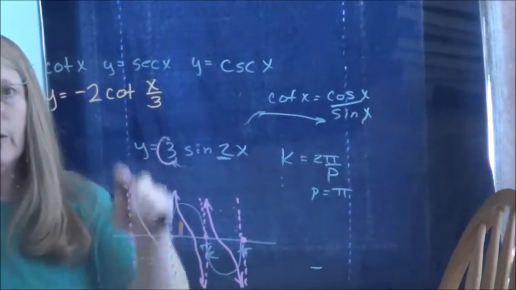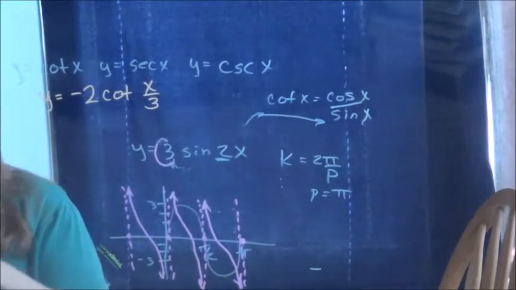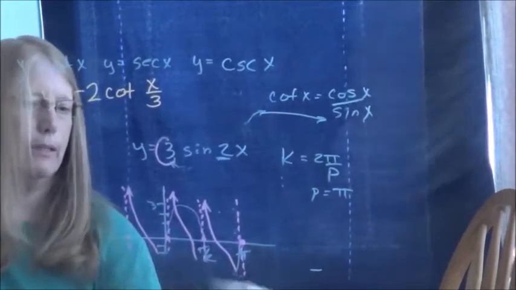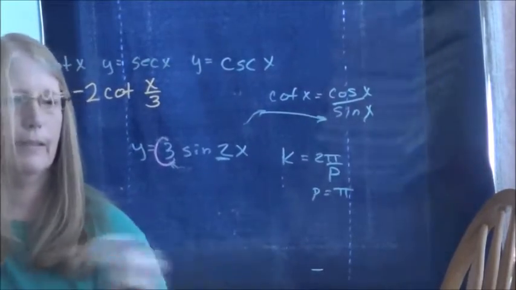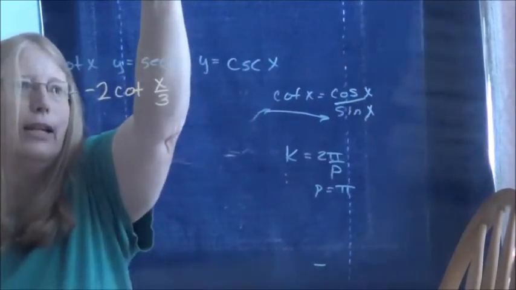Alright, so you graph y equals negative 2 cotangent x over 3 while I erase the board. Go out and look for your help. Don't be too full of pride that you don't ask for help.